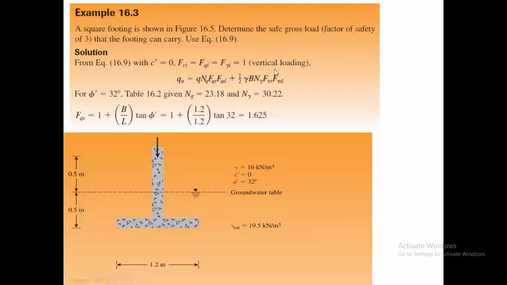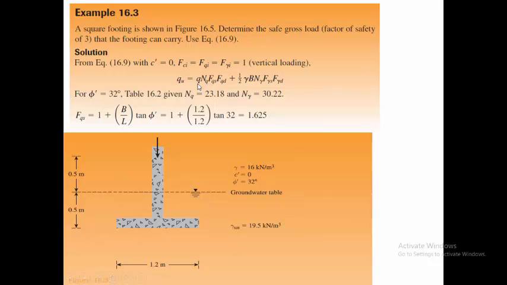So again, we are in case 1, meaning you need to replace the value of q and gamma. q is D1 times gamma plus D2 times gamma sat minus gamma water, and gamma is gamma sat minus gamma water. And the formula will be the same based on the type of shape, square.